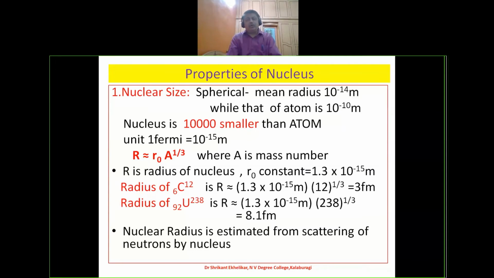Therefore, the atom is small, the nucleus is still smaller. Nucleus is 10,000 times smaller than an atom, and such a small nuclear radius is measured in a very small unit called Fermi. 1 Fermi is equal to 10 raised to minus 15 meters. Nuclear dimensions are measured in this unit.